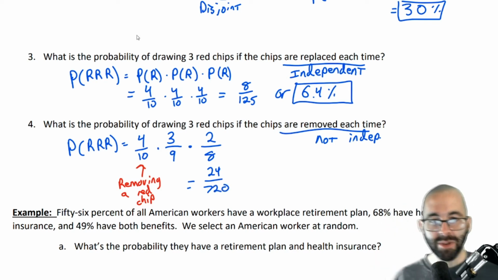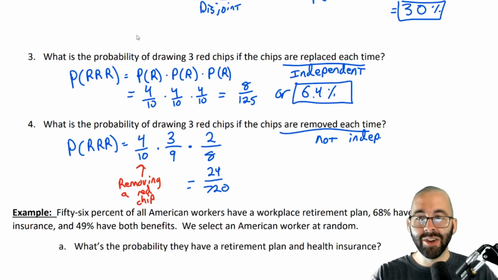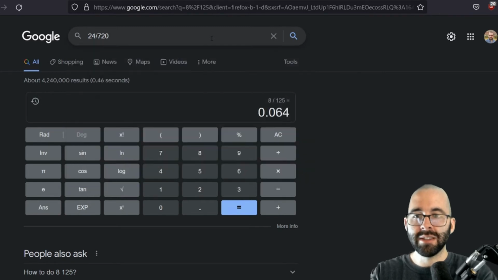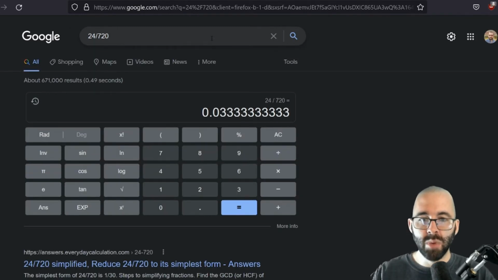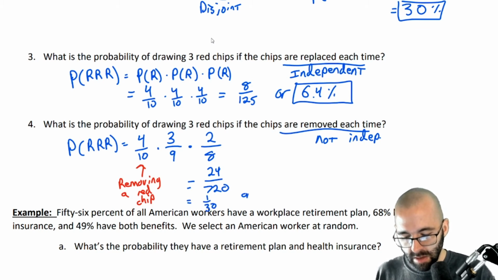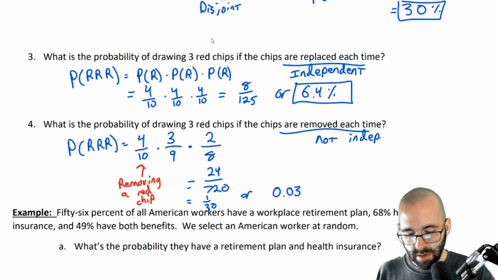I'm going to get myself into trouble doing math in my head like this. Let me know if you see anything wacky. 24 divided by 720 is 0.03 repeating. It's 1/30th. Or about 3.33%.